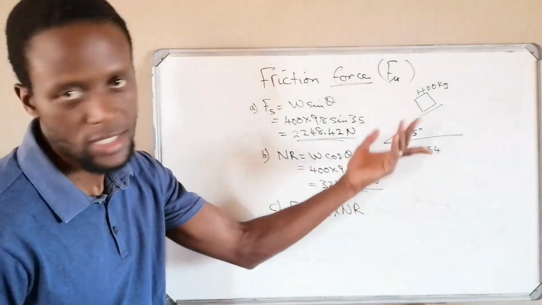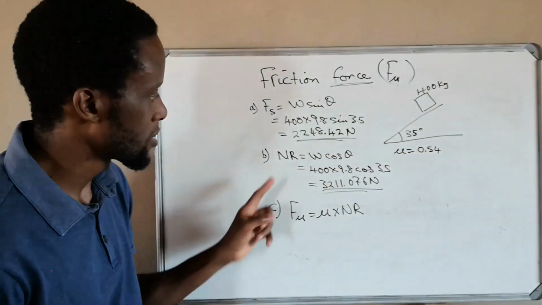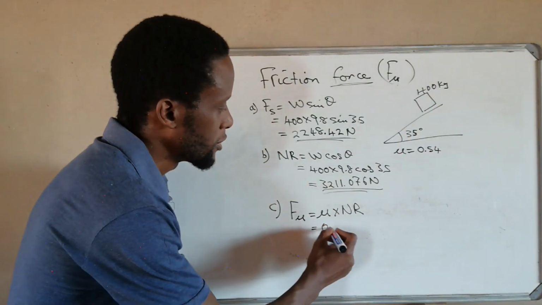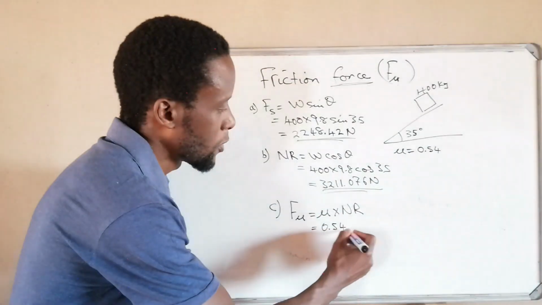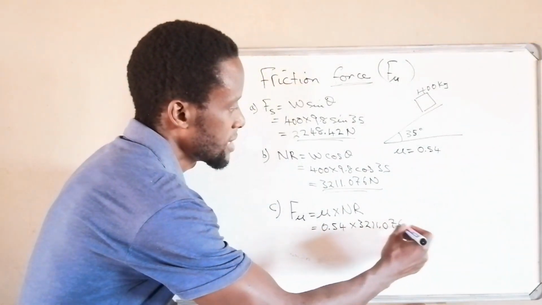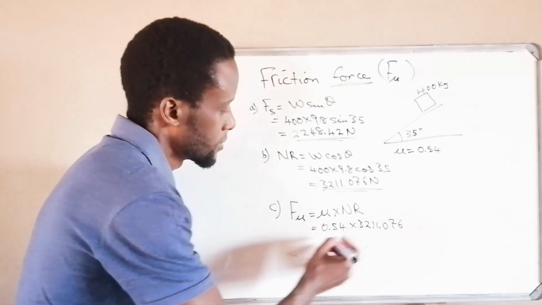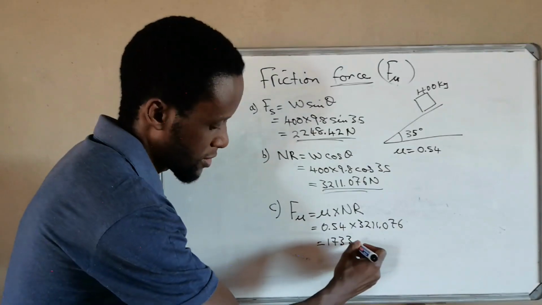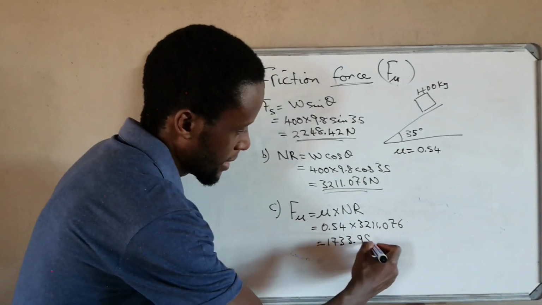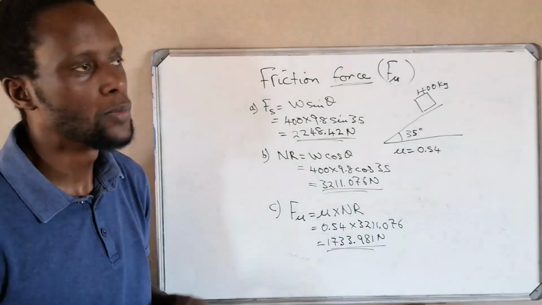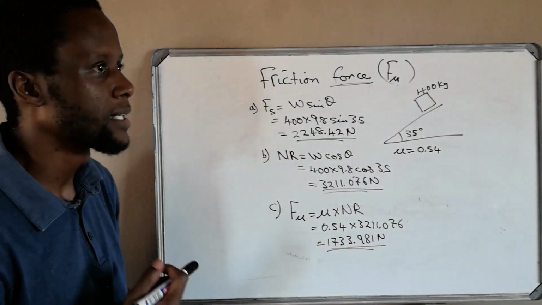The coefficient of friction is given there. In this case we already have our normal reaction, so we are taking that. We multiply our coefficient of friction 0.54 times 3211.076. Then we get our answer, 1733.981 newtons.